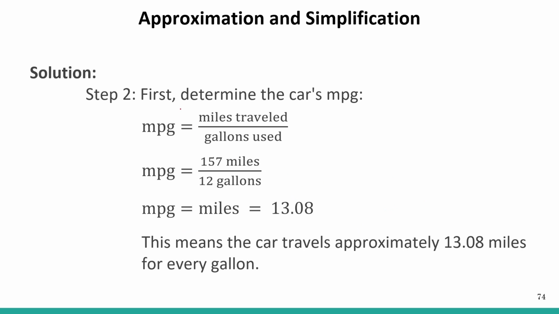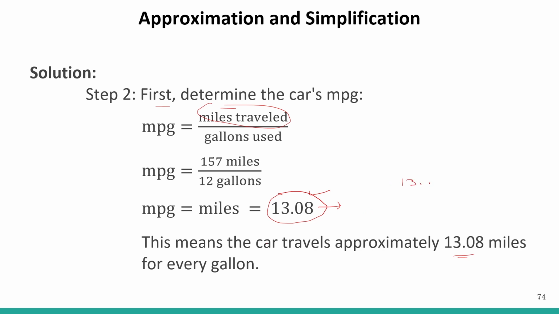So step 2 is to first determine the car's MPG, that is miles per gallon. Miles traveled divided by gallons used, that is 157 by 12. So per gallon it can travel 13.08 miles. So the mileage of the car is approximately 13.08 miles.